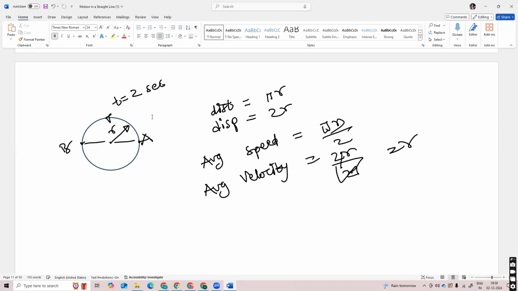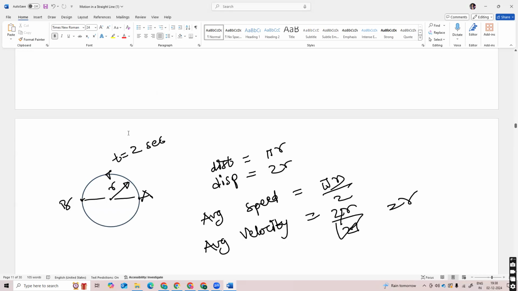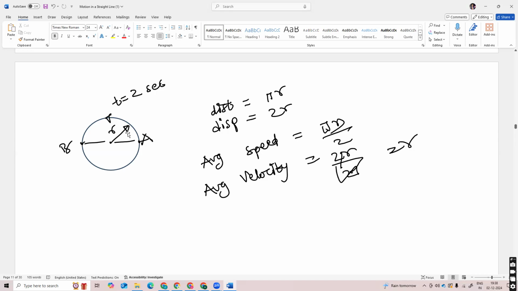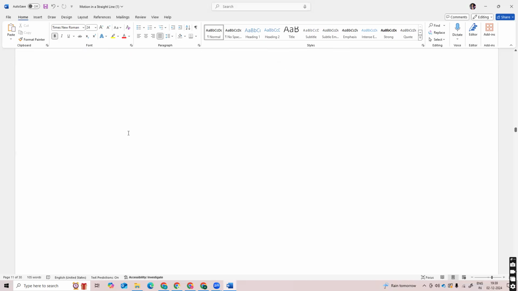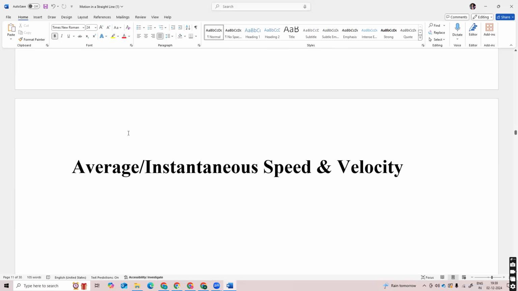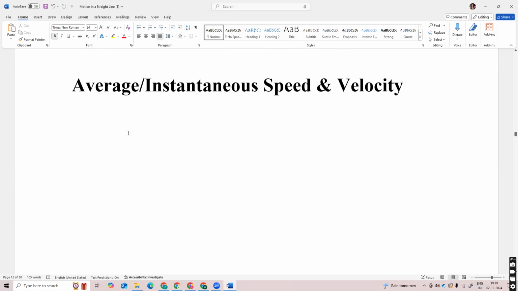This is how they will frame the question based on different geometry. You just have to remember that average speed is total distance divided by total time, and average velocity is total displacement by total time. You can solve any kind of question, only the geometry can change.